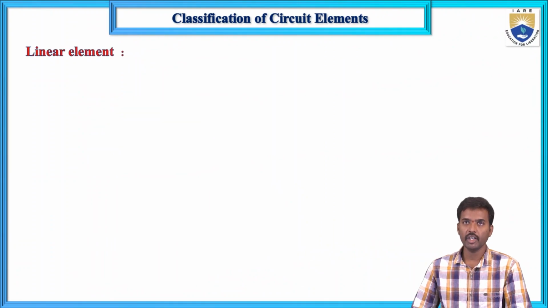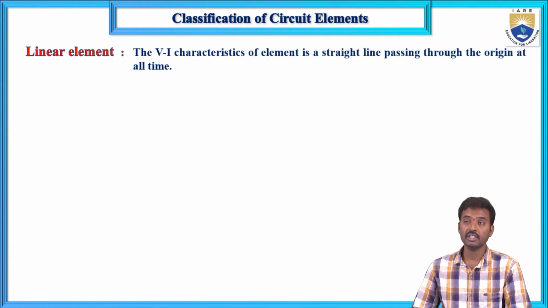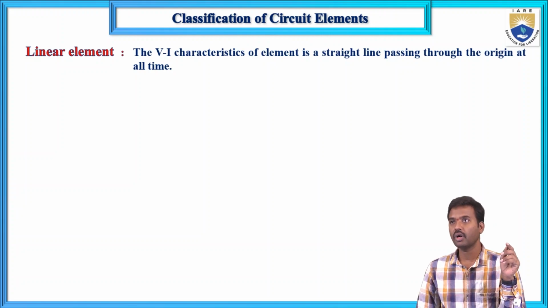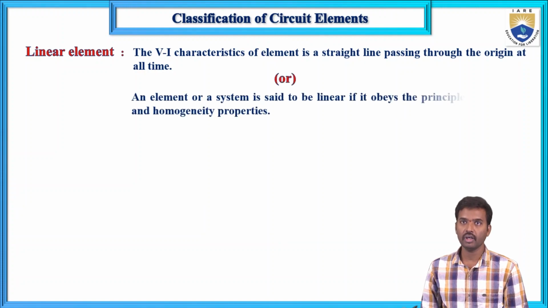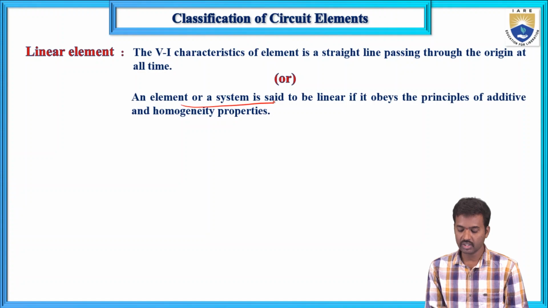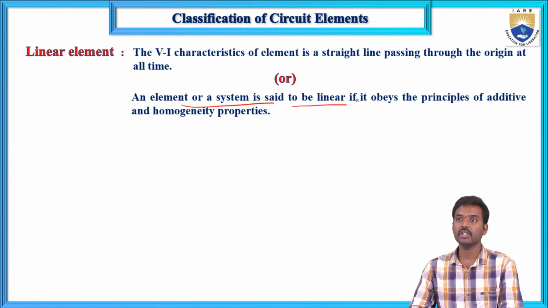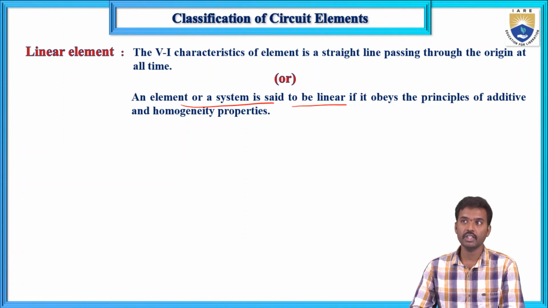So linear element means here the voltage current characteristics is a straight line passing through the origin at all times. Or in another way we can define this element: an element or a system to be linear obeys the additive and homogeneity property, that means superposition principle.